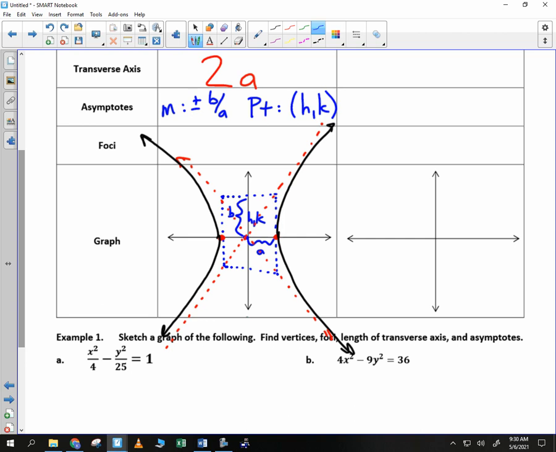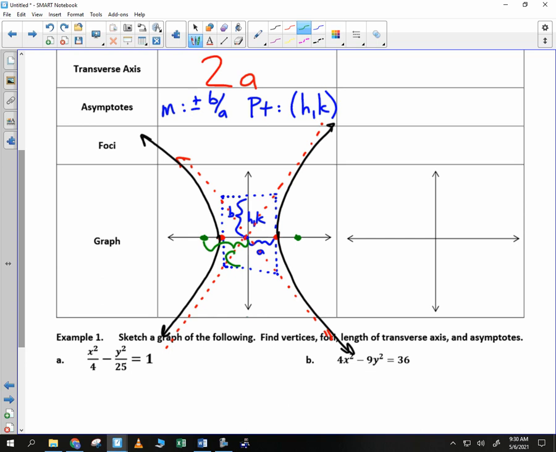The foci, they sit here. There's two of them. Anybody want to guess how many units from the center they sit? c. Which means we need to be able to figure out c.